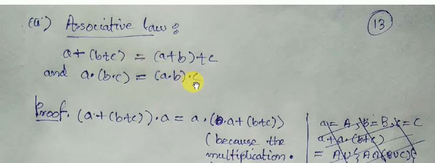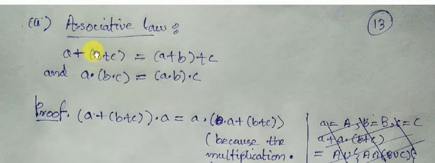Hello everyone. In this class we shall learn about the associative law or associativity property in Boolean algebra, which is basically this: a plus (b plus c).